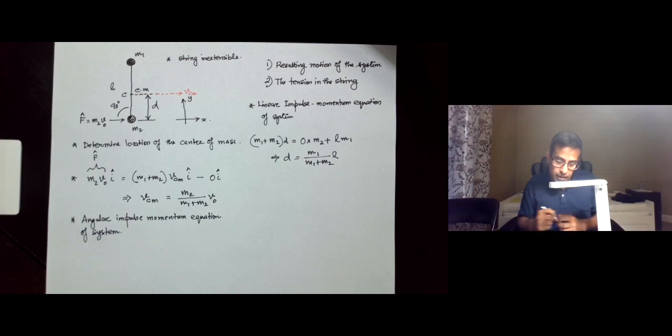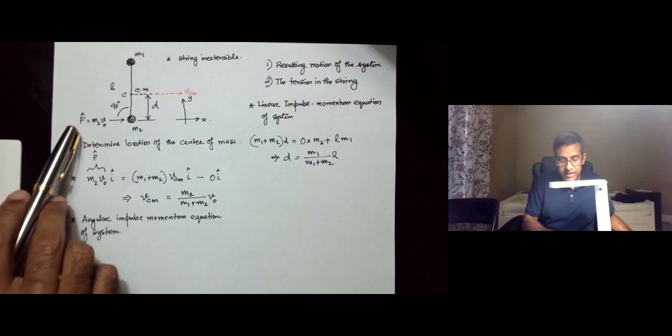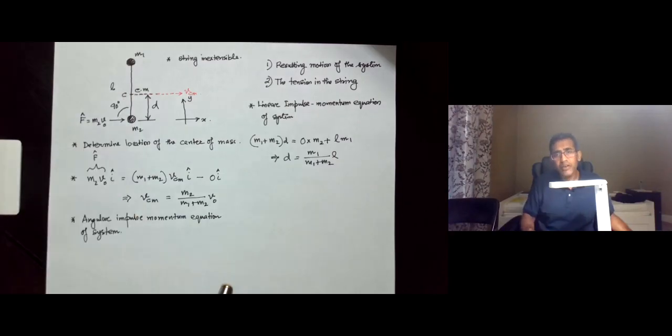So here the idea is the following: there is an angular impulse that is produced by f hat, and that is because this f hat is not acting at the center of mass, but is rather offset from the center of mass.